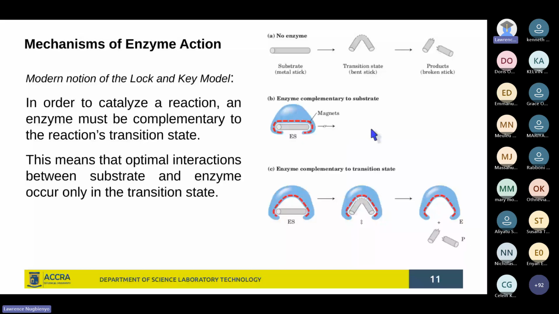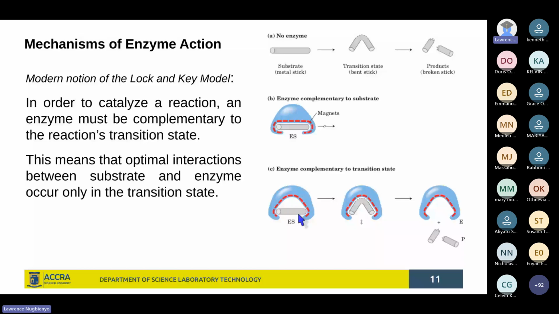And so from here, that lock and key model had been modified to say that, look, the enzyme substrate complex which is formed is actually not that fit, that it is so stable, but it is rather the transition state that fits in there.